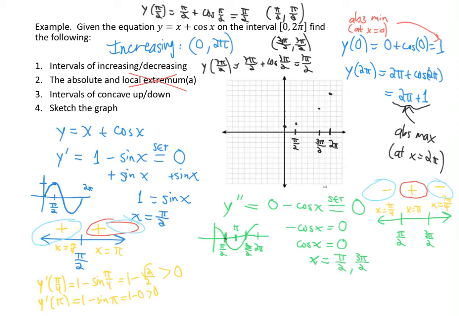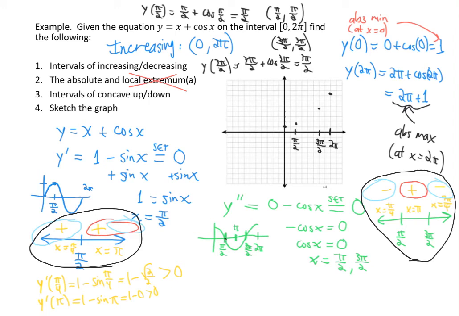Okay. So on the interval 0 to 2 pi, what's happening? The function is always increasing. So what we need to focus on is the concavity. From 0 to pi over 2, we have concave down, which means it'll look something like this. And it's important to notice that pi over 2 is where the derivative is equal to 0.